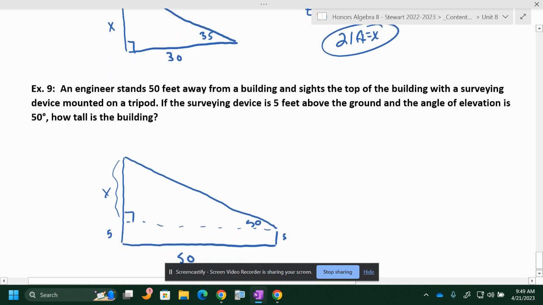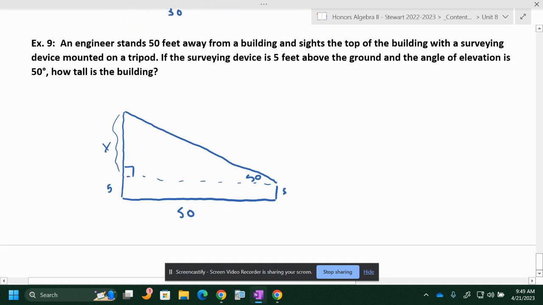And last here, an engineer stands 50 feet away from a building and sights the top of the building with a surveying device mounted on a tripod. The surveying device is 5 feet above the ground. The angle of elevation is 50 degrees. How tall is the building? So we're already 5 feet above the ground, so we've already got 5 feet of height on that building. We need to figure out what the rest of that's going to be.